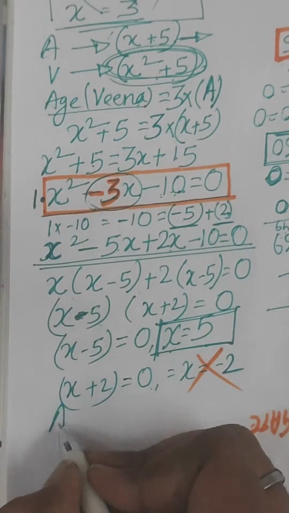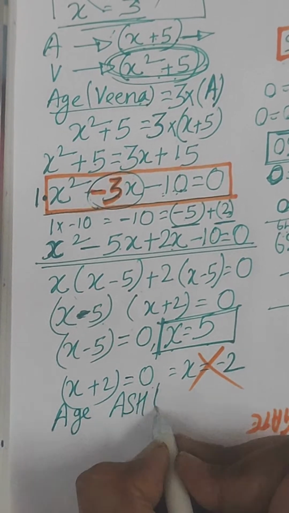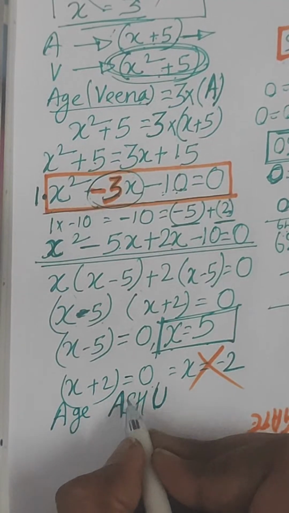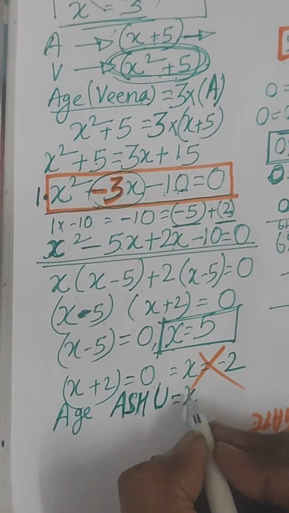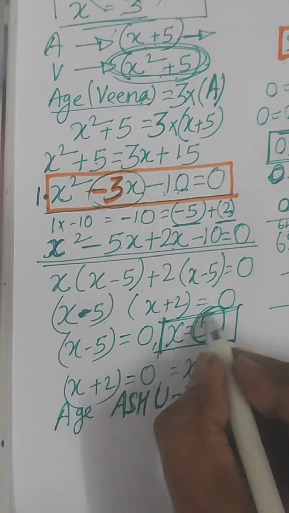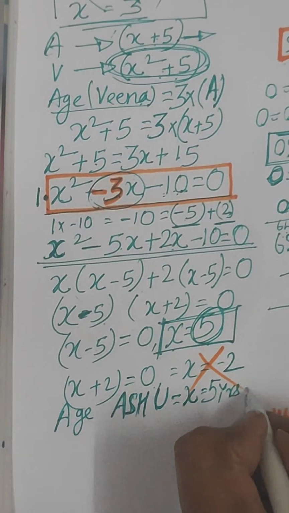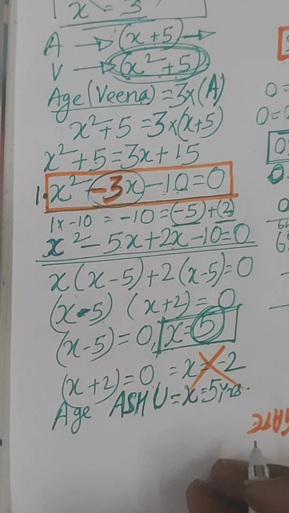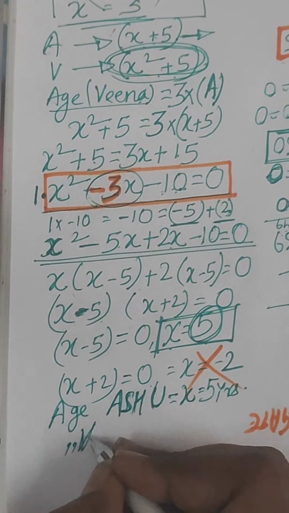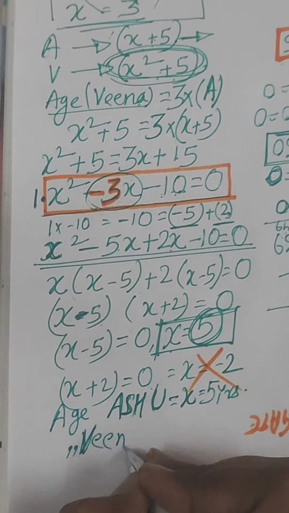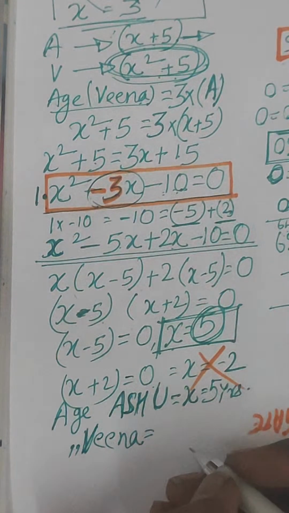So the present age of Ashu, which we have considered at the start of the question, is nothing but x, and x equal to 5 years, right? And what is the age of Veena? The age of Veena, her mother, is equal to x square, which we have considered, right?